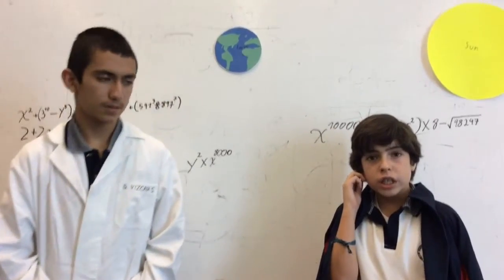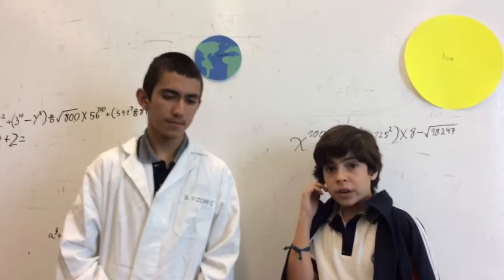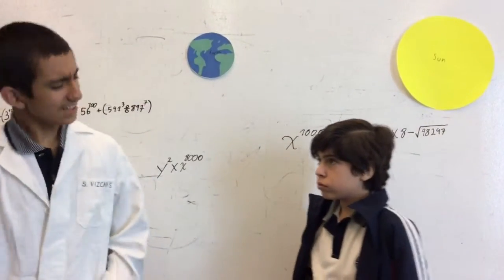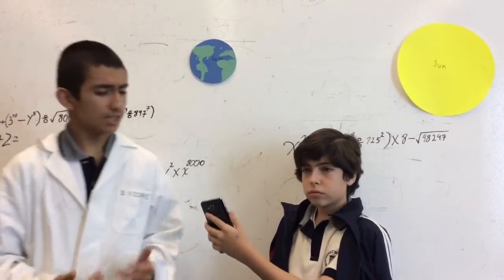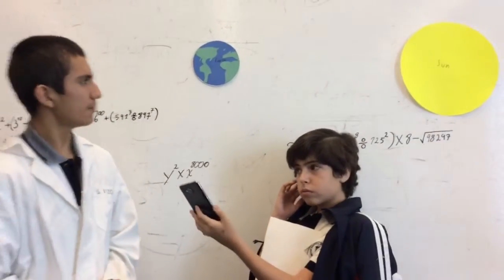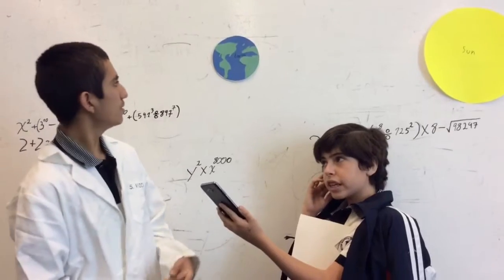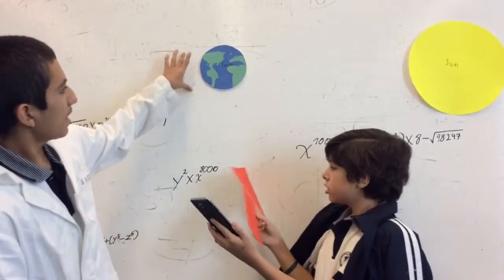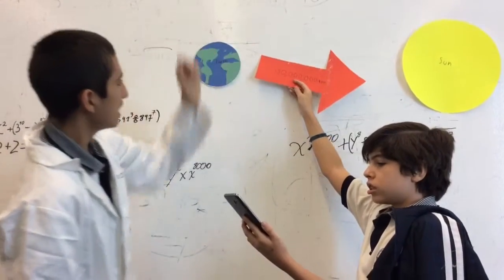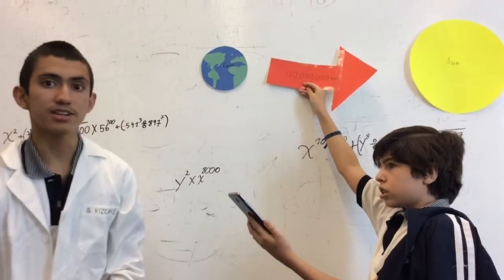So we are here with the astrophysicist Vizcaya, and he's going to tell us how he uses exponents in his work. Do we use exponents in astrophysics? Yes, we do. The most common and simple example would be to measure interplanetary distances. For example, here we have the Earth and here we have the Sun. The distance between these two is 150 million kilometers.